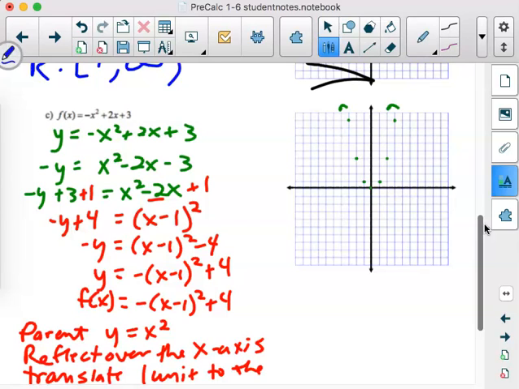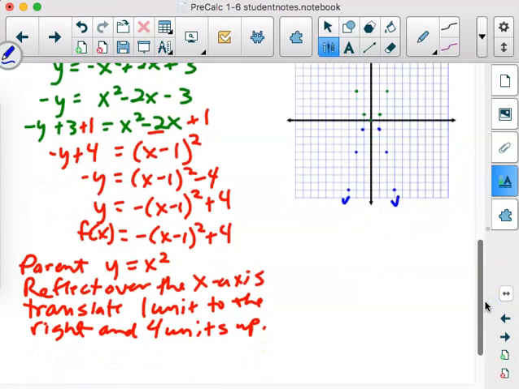So that's going to bring all of these equal but opposite, so down to 1, -1, 2, -4, 3, -9, and then with symmetry, equal but opposite. And then we need to slide this. We need to translate it 1 unit to the right and 4 units up. So take your vertex and each of those points and move them 1 unit to the right and 4 units up.